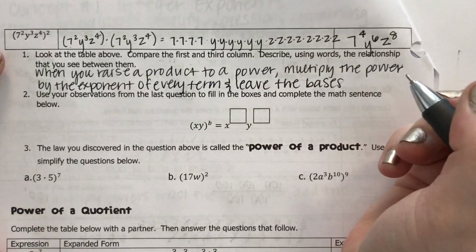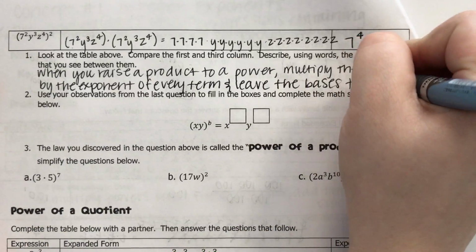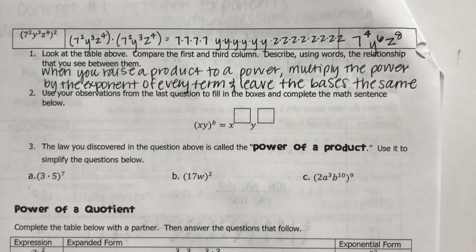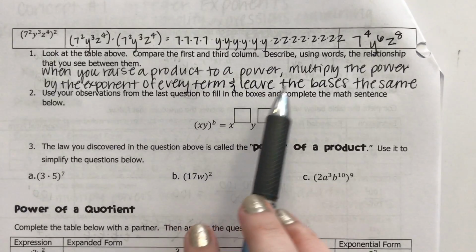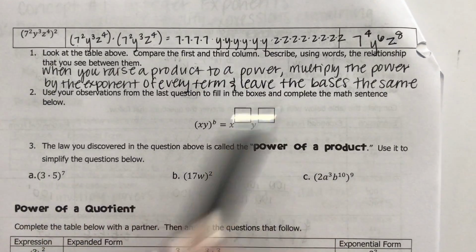Which means I started with 7, y, and z and I ended with 7, y, and z. Okay. So when you raise a product to a power, multiply the power by the exponent of every term and leave the bases the same.